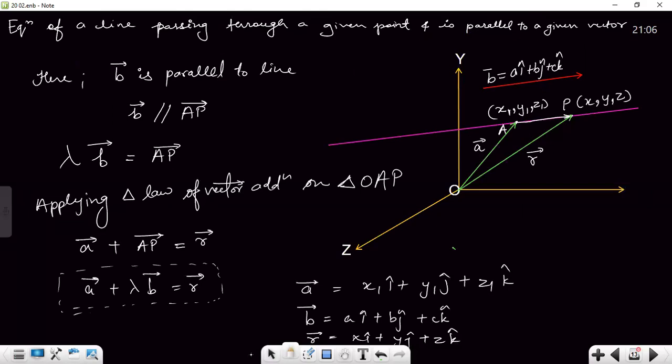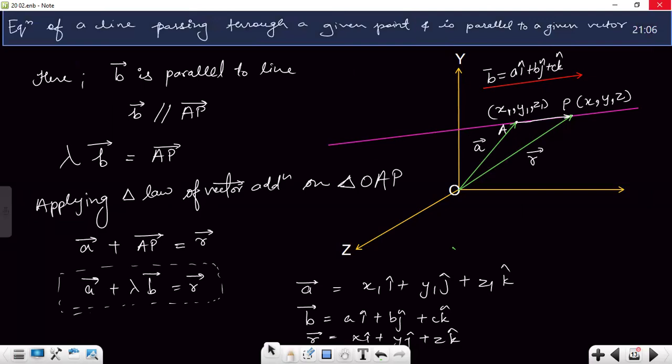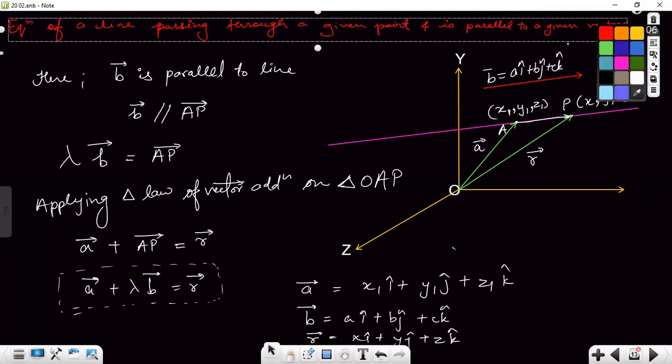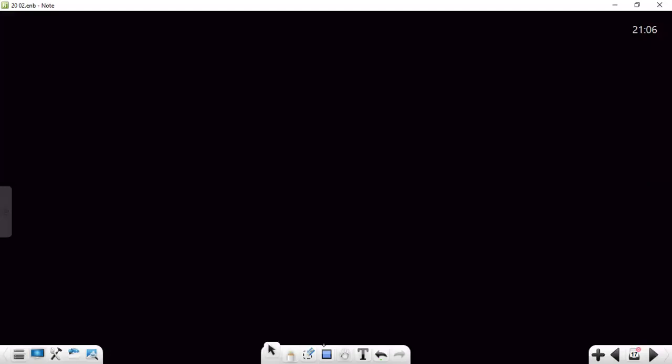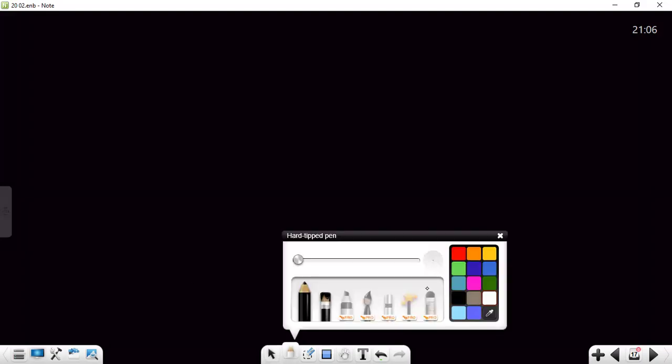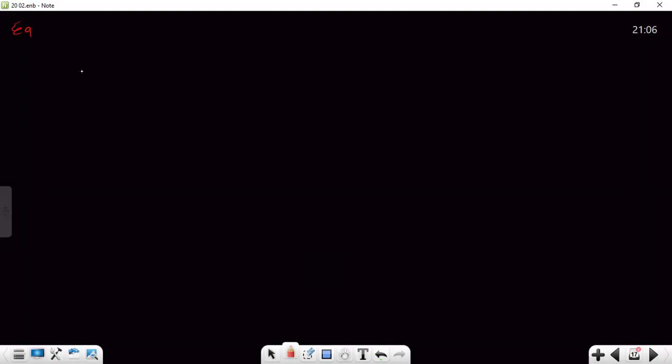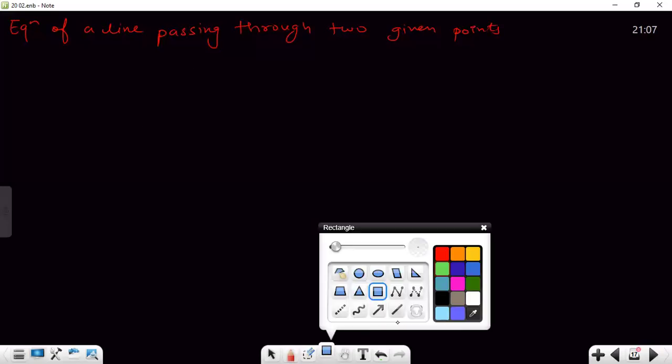So let me make the heading. This time we'll discuss the equation of a line passing through two given points. Now let's draw a diagram.